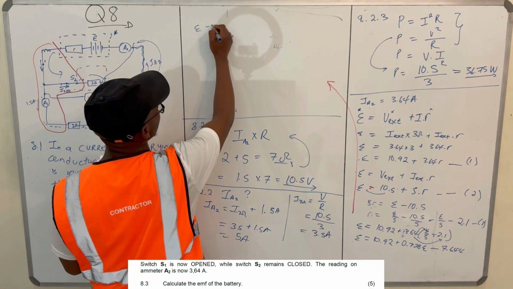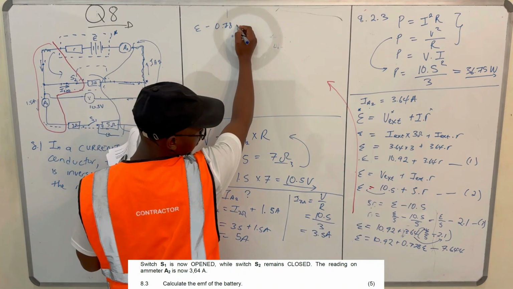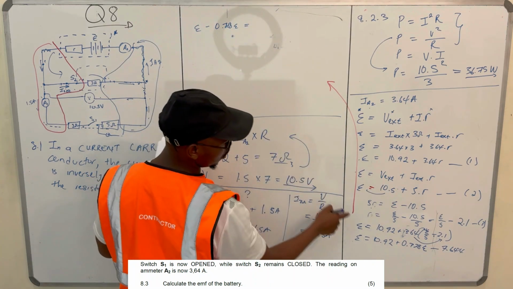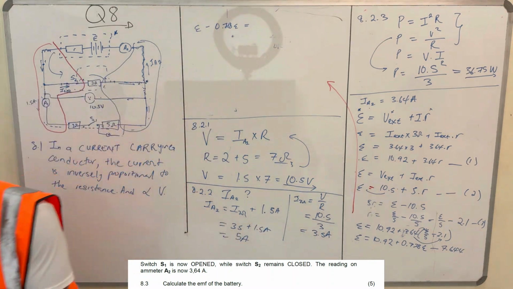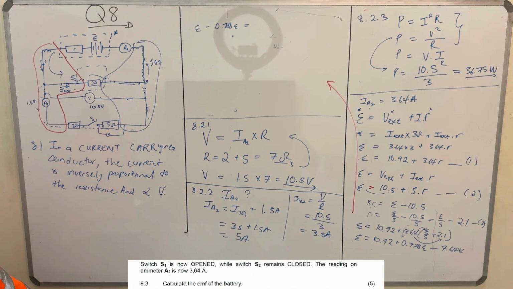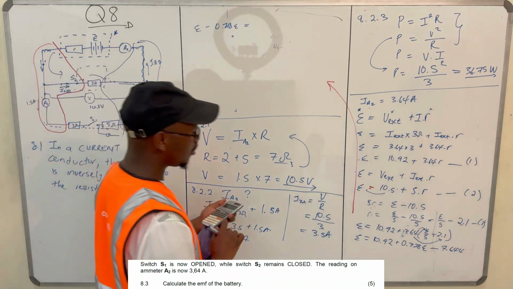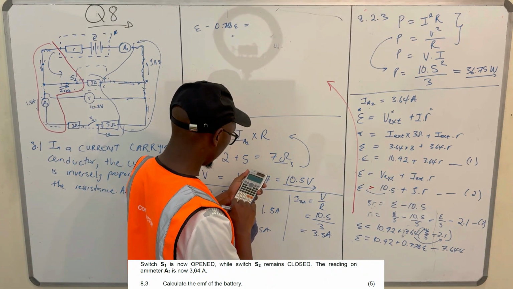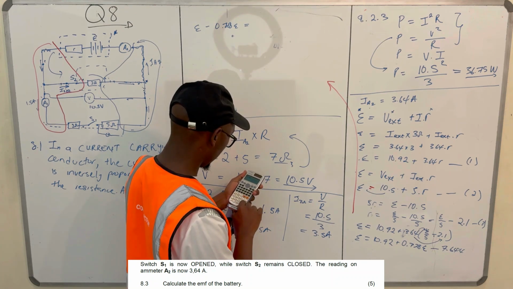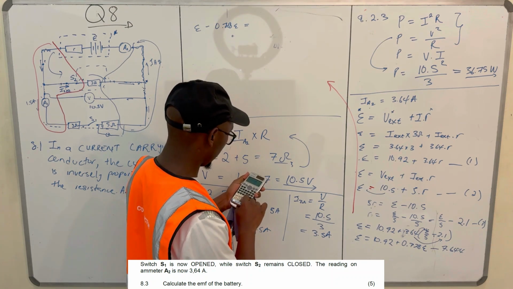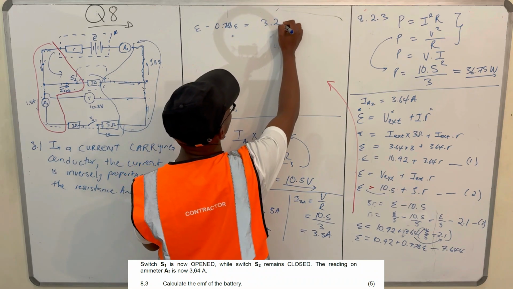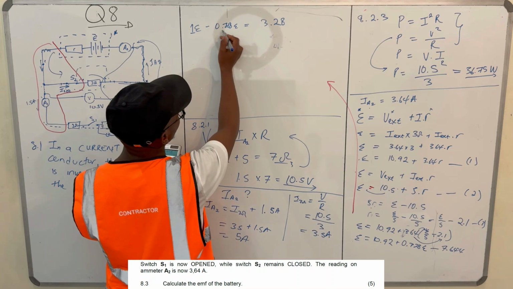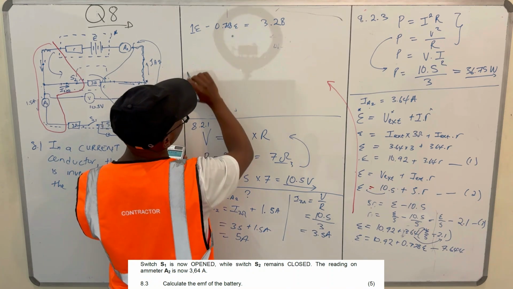So it's going to be E minus 0.728 E equals 10.92 minus 7.644, which is going to be 3.28. So this is 1 E minus 0.728 E.